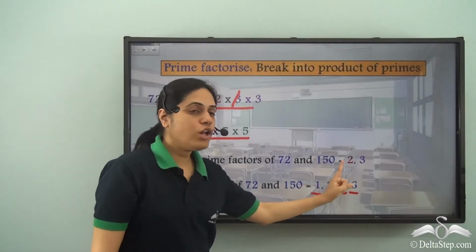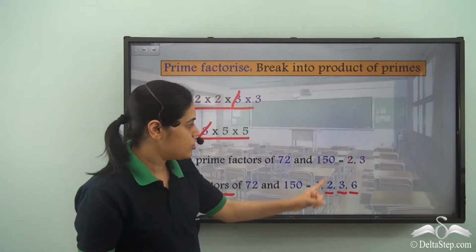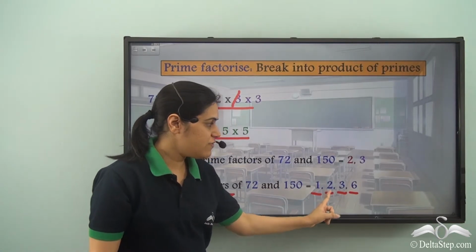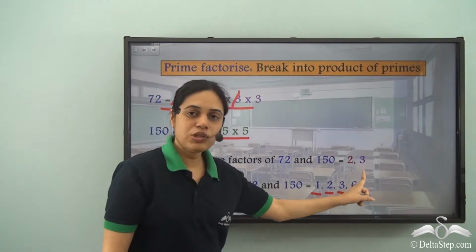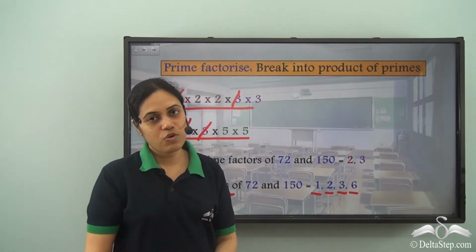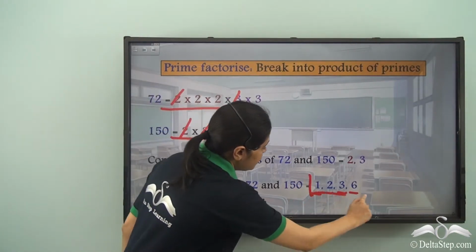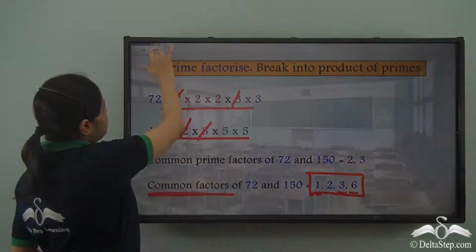Then take all the possible combinations of the common prime factors. So 2 is written individually, 3 is written individually, and 2 and 3 taken together give us 6. This is the complete list of common factors.